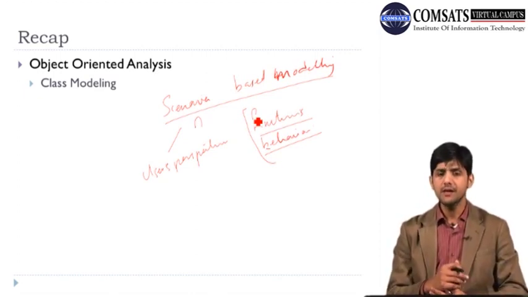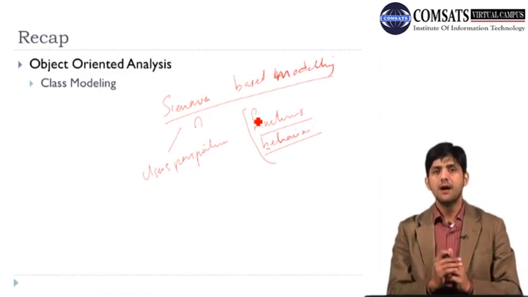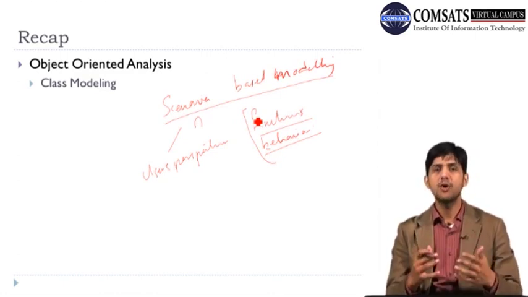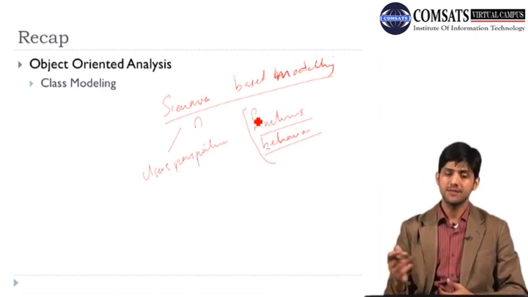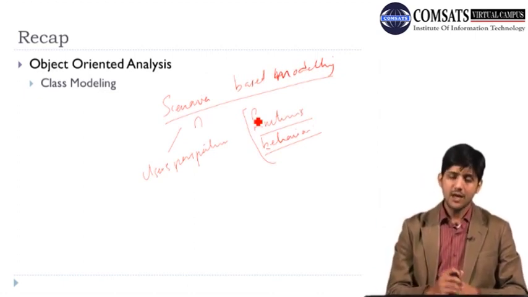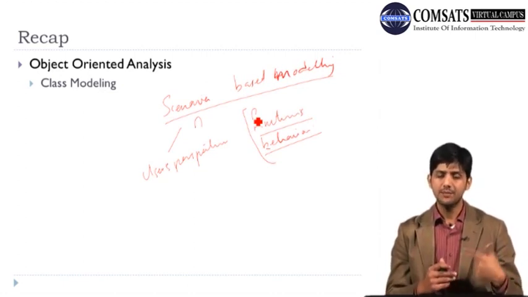Similarly, the swim lane diagram is just a different way of drawing the same activity diagram. We group those activities in different lanes, and each lane belongs to a typical actor. An actor, as we said, can be a person, a system, or another machine. So that was scenario-based modeling, and we saw that it helps us in identifying functionality and behavior.